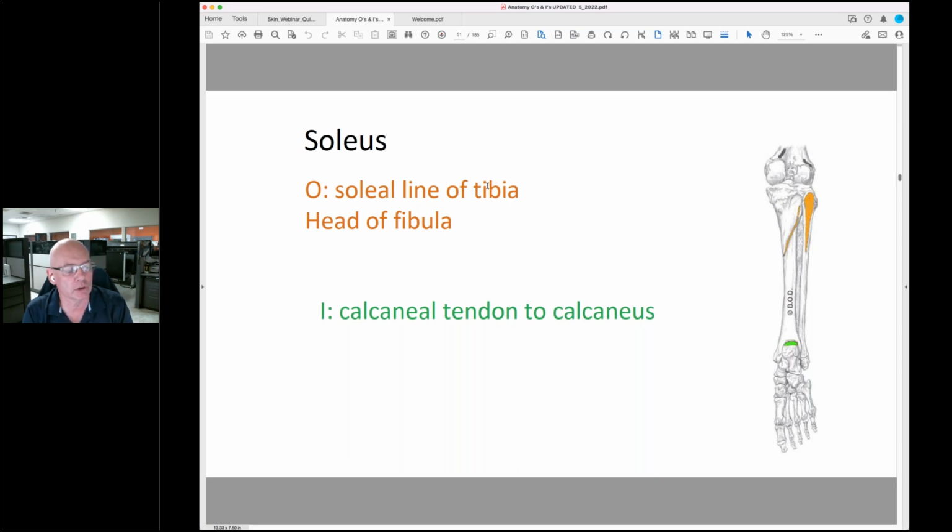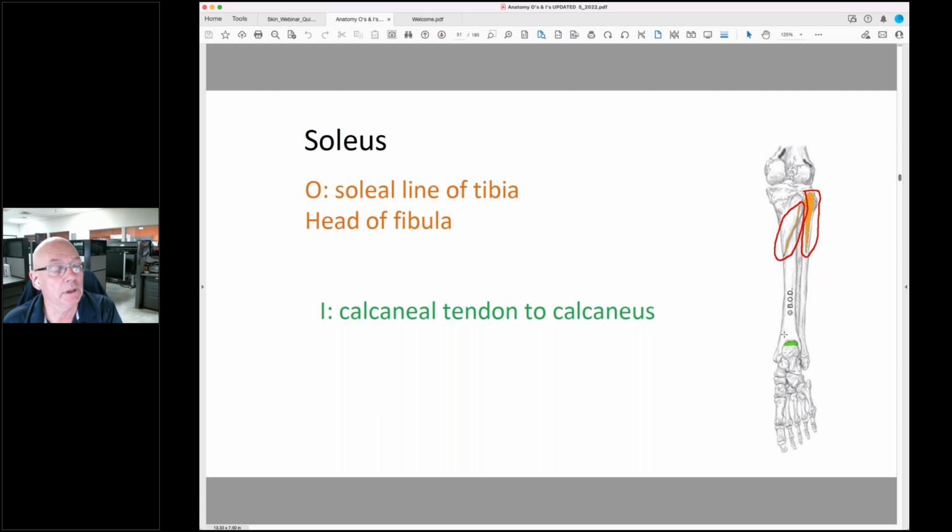The origin is the soleal line of the tibia and the head of the fibula. Okay. Head of the fibula right here, and then that soleal line. Now you know why we went over all these bony landmarks. Remember the soleal line of the tibia? You can go back and look at it if you don't.